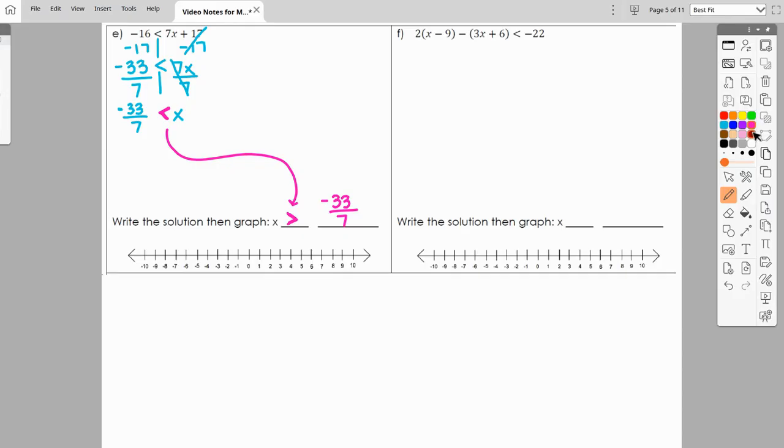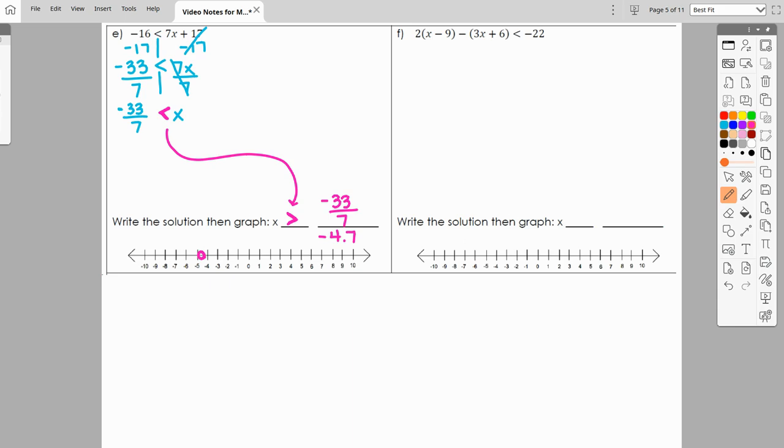This is going to be harder to graph unless we change it into a decimal, and the decimal is around negative 4.7 when you actually divide that in the calculator. I can put that on my number line right between negative 4 and negative 5. Open circle because there's no equal sign underneath.